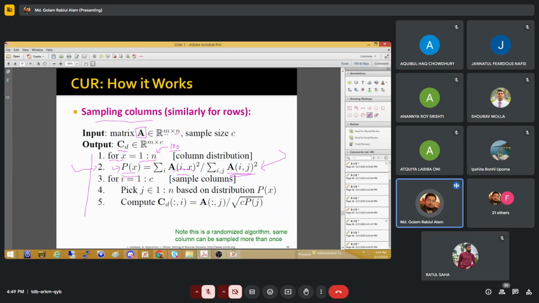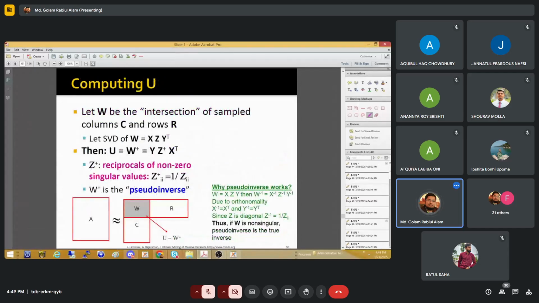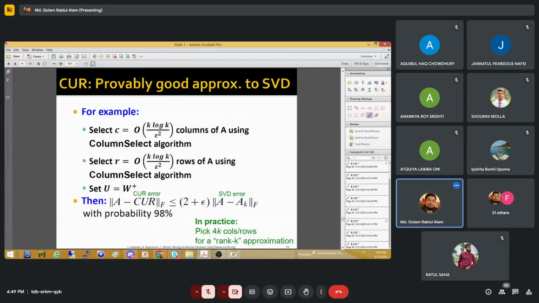Now what we have to do, in the third step, is for i equal 1 to c, where c is the number of sample columns. So how many columns do we want to sample? It also involves some calculations.